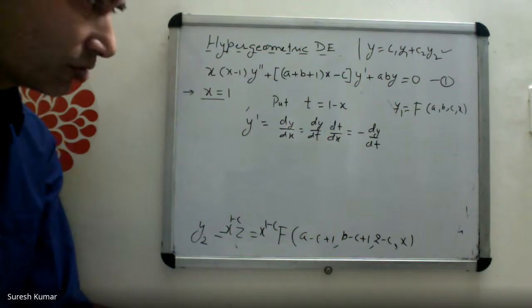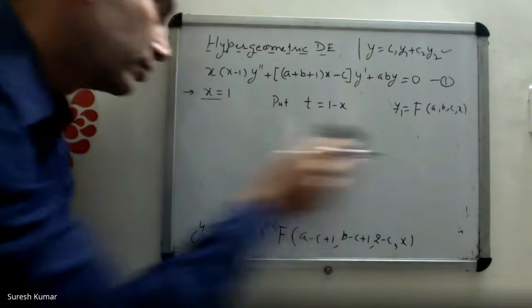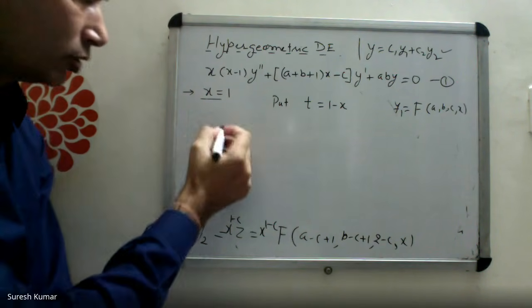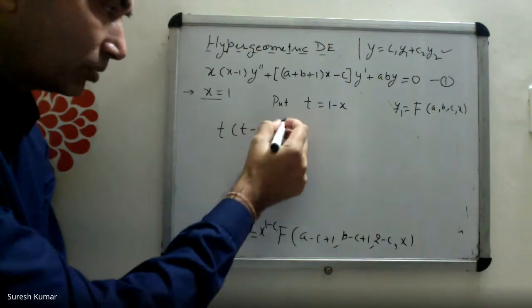What is the transformed equation? You should get t into t minus 1, y double prime.